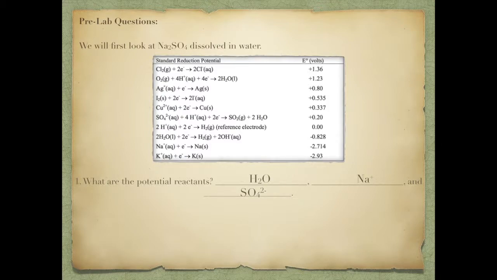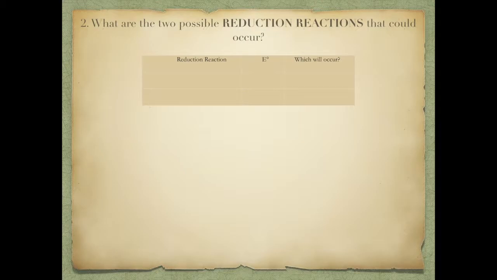So I'm going to figure out the reduction reactions that could occur with these three reactants and the oxidation reactions that could occur. Okay? So let's first look at potential reduction reactions. Well, there are two of them. The first one, notice I had sodium ions. So I could have the reduction reaction of sodium ions becoming solid atomic sodium. Okay?